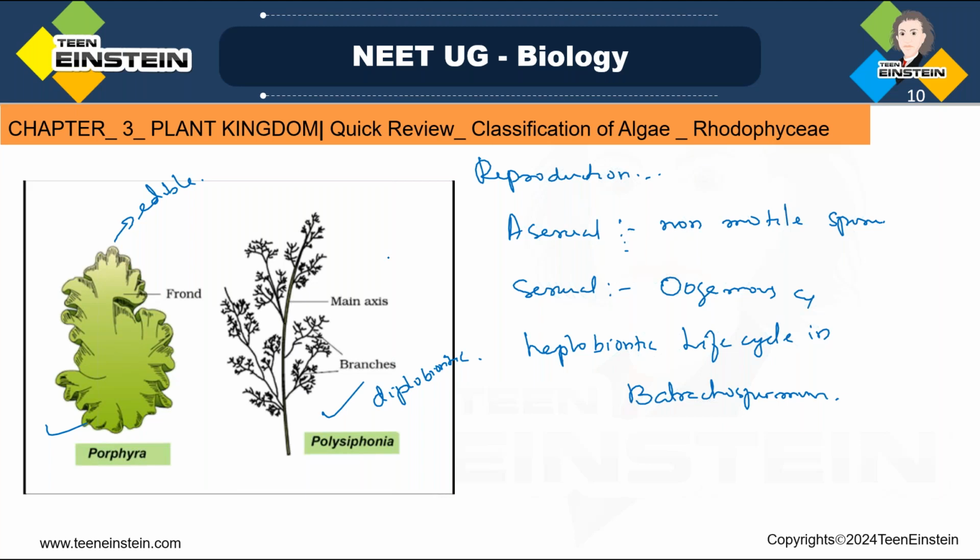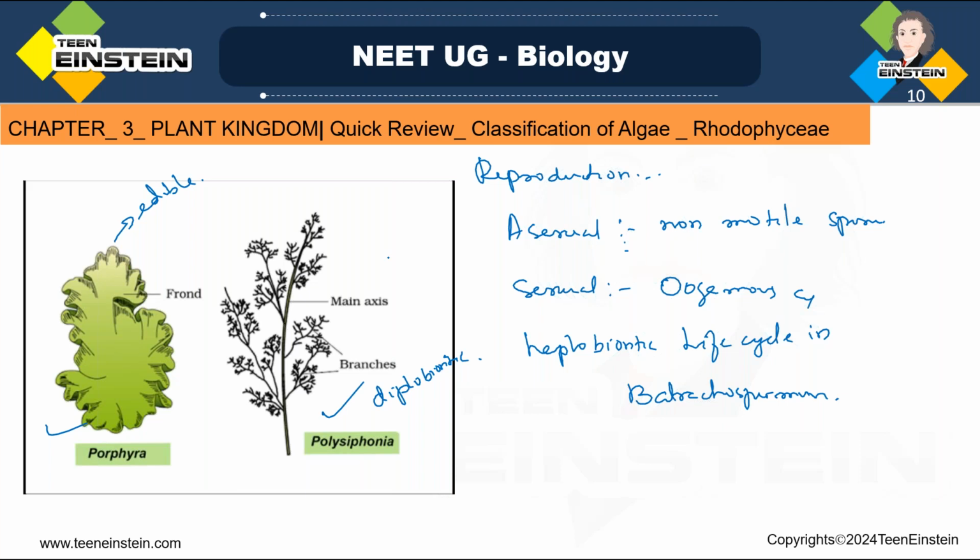Then the major pigments. Chlorophyceae has chlorophyll A and B, phaeophyceae has chlorophyll A and C and fucoxanthin, and rhodophyceae has chlorophyll A, D and phycoerythrin.